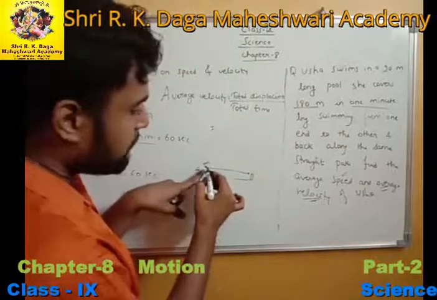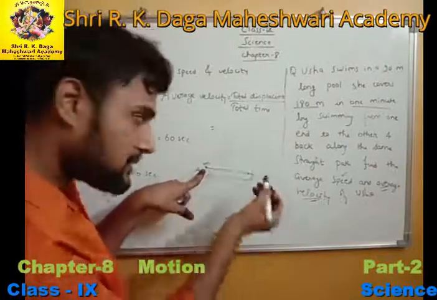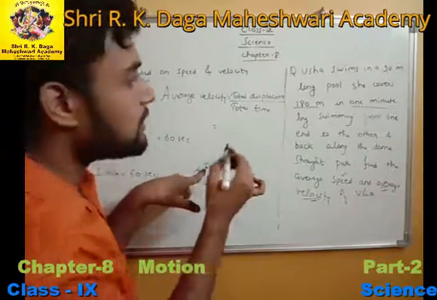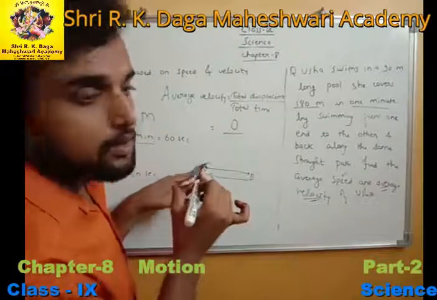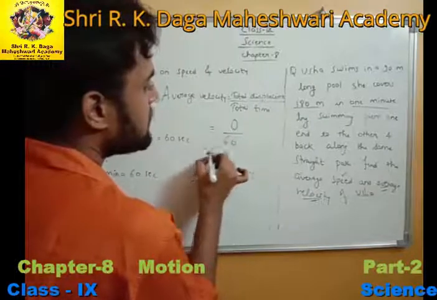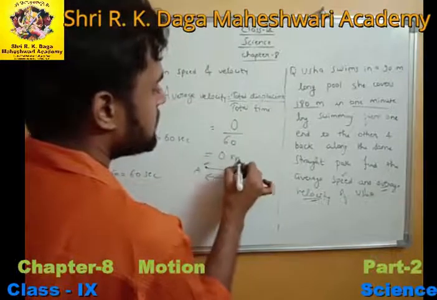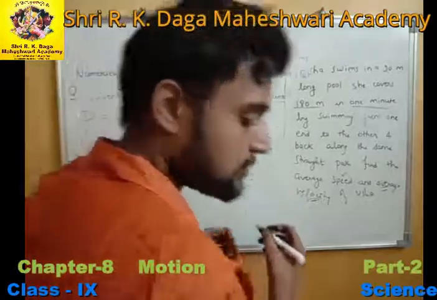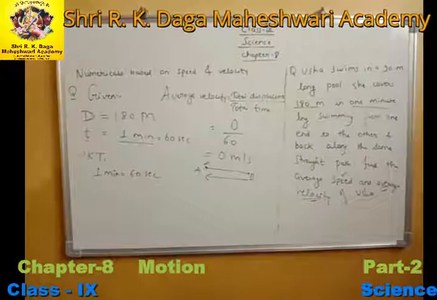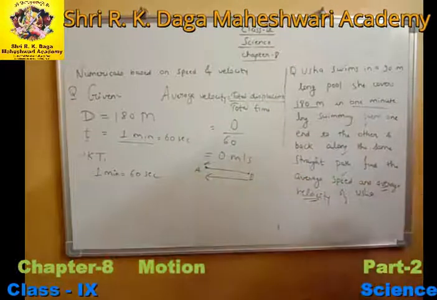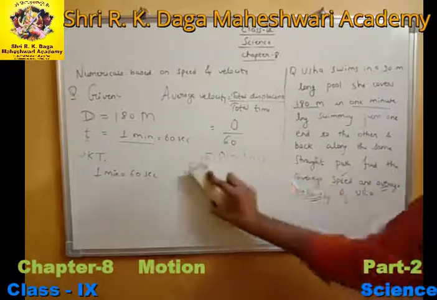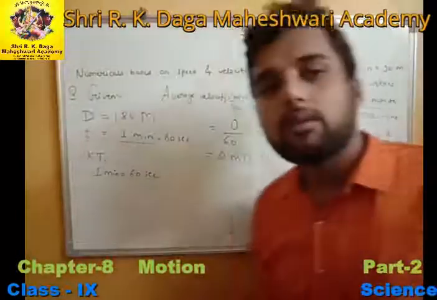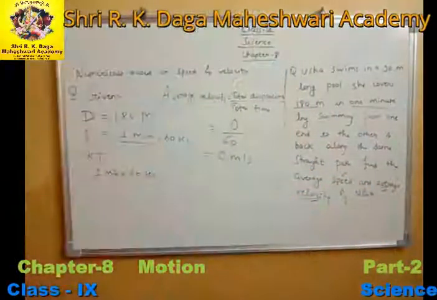If she started from this point and after some time also she is at the same point, so what will be the net displacement? It will be 0. Okay, so 0 by 60 will be 0 meter per second. Hence we can say that the velocity of Usha is 0 meter per second, and the speed of Usha was 3 meter per second.